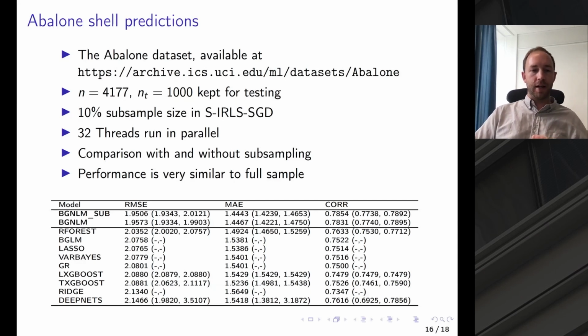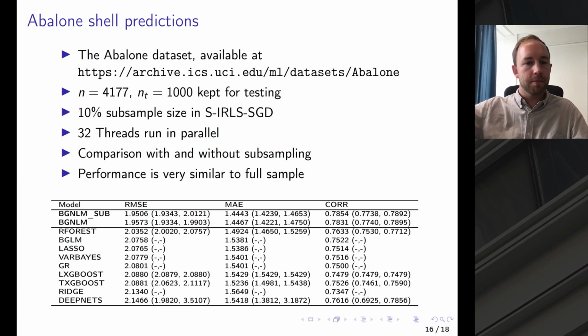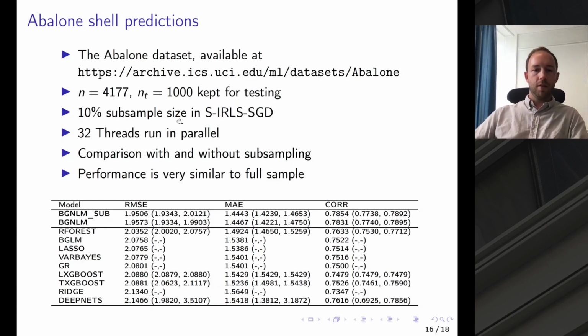Then we ran the algorithm with a 10% subsample size in SRLS SGD, and we ran 32 threads in parallel. And we also ran the same thing without subsampling. We can see here that the subsampling is very similar in RMSE, mean average error, and correlation to the non-subsampling, so more or less at the same level.